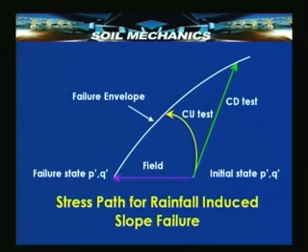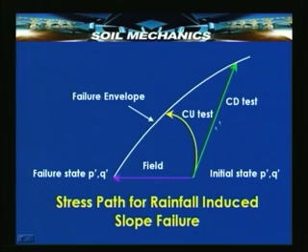Usually the rainstorms are so heavy that consolidated undrained conditions are more preferred as the representative ones rather than the consolidated drained. So, if you see here, the stress path for the consolidated drained test is given by this green line, and that goes and meets the failure envelope like this.